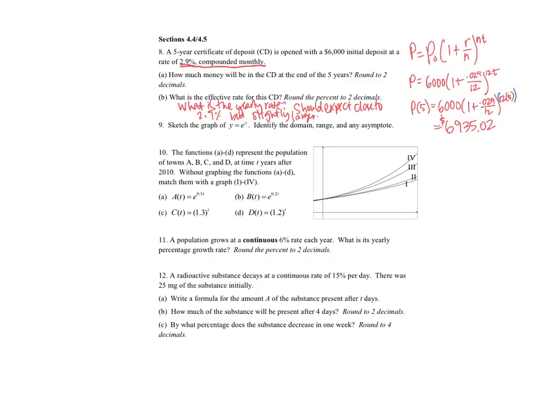So what I'm going to do is compute this part of the function here. So I'll do 1 plus 0.029 over 12 to the 12.